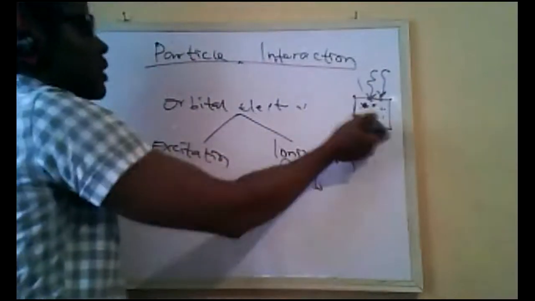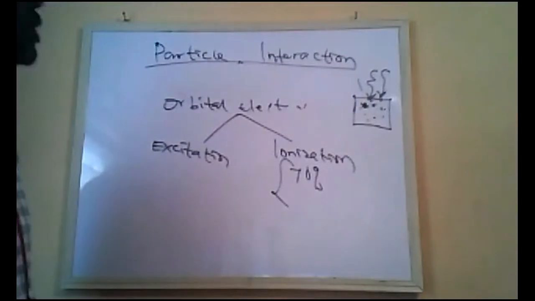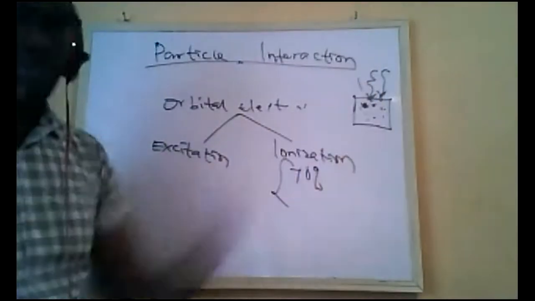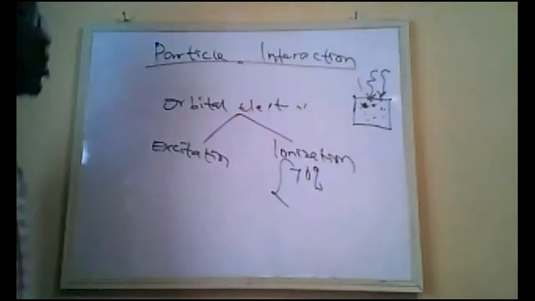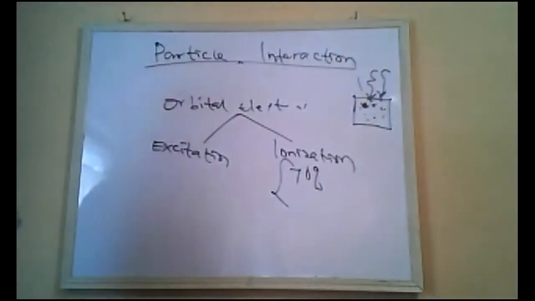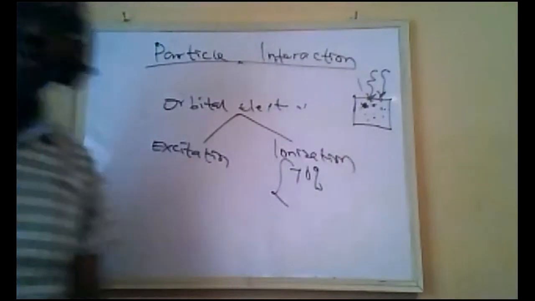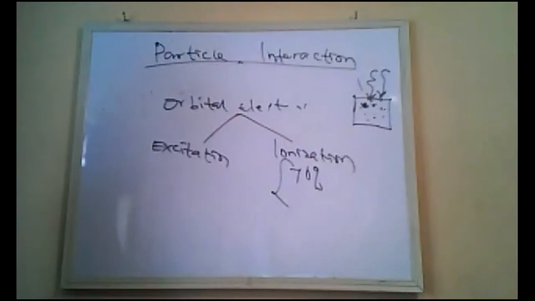But in the long run, most of the interactions will cause ionization, and that is why we can use some equipment to measure ionization. We have equipment called an ionization chamber. We ionize a portion of air by using ionizing radiation.